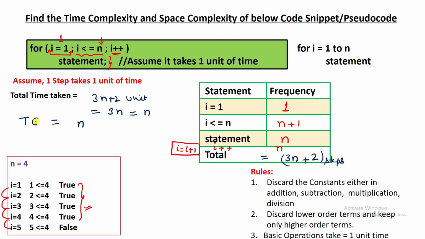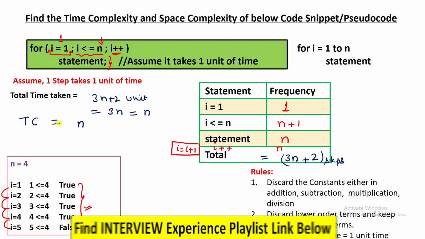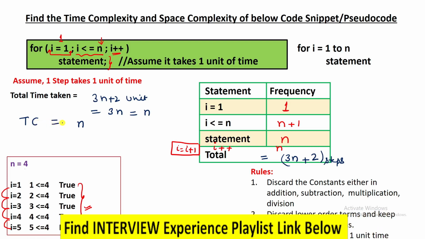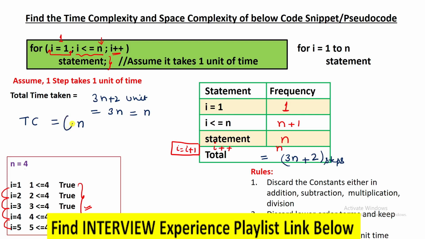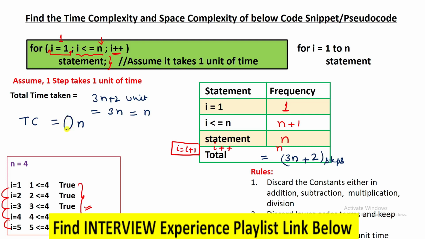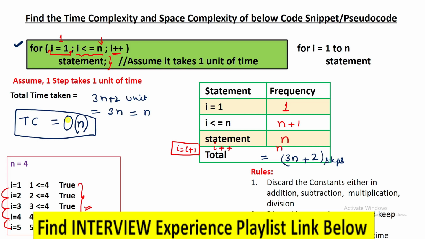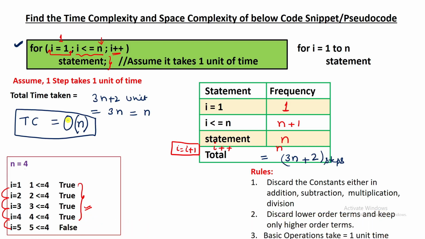And as you know, we write the time complexity in the asymptotic notation, as we are following the asymptotic analysis method. So I will say that the time complexity is big O of n. If you are not sure what this big O is, I will discuss this in the upcoming videos where I will discuss the asymptotic notation. For the time being you can just say this is order of n.